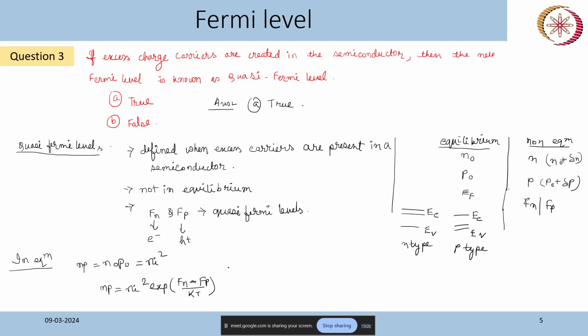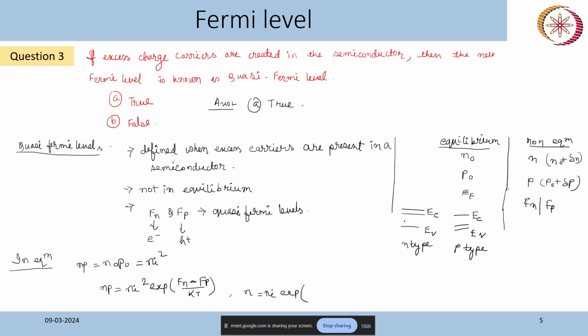In this non-equilibrium situation also we can use the familiar n and p equations, but we have to replace the Fermi level with Fn or Fp. The electron concentration n is written as Ni exponential, and in case of equilibrium we write EF minus EI by kT.